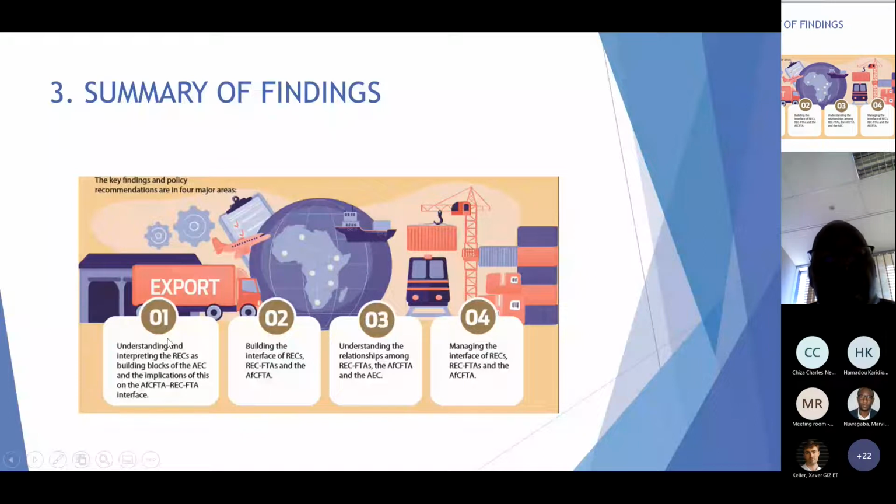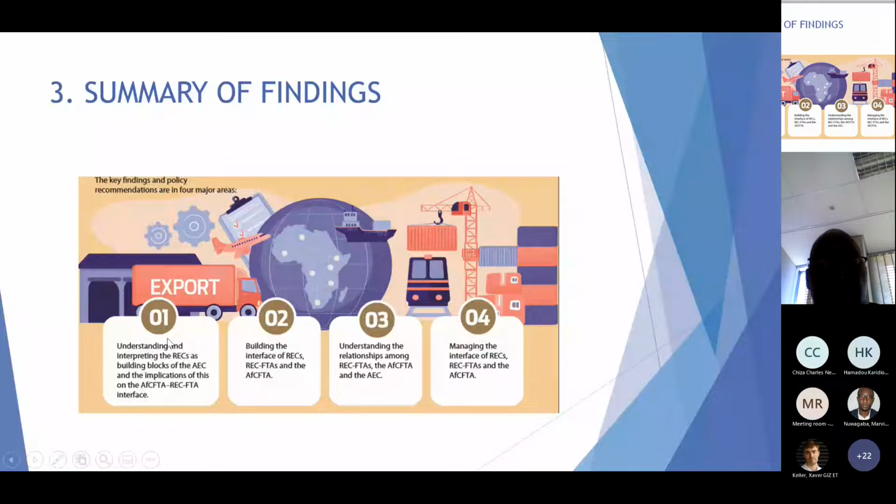So the first one is the understanding and interpretation of the RECs as building blocks of the CFTA, so of the Africa Economic Community, and implications of the CFTA and REC interface. The second one is that there is a need to build an interface between the CFTA and the REC free trade areas. And the third one is the understanding of the relationship between the RECs and the CFTA and the Africa Economic Community. The fourth one is the need to manage the RECs and the REC free trade areas as well as the CFTA interface.